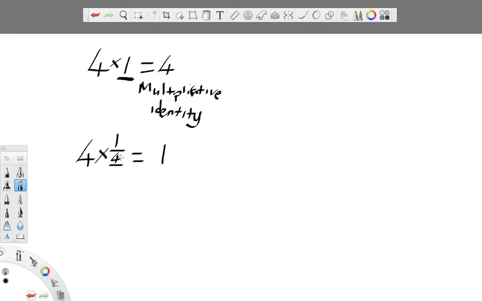So then this 1 over 4 that we've timesed by is our multiplicative inverse.